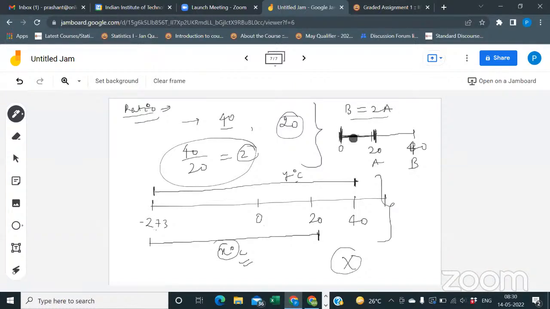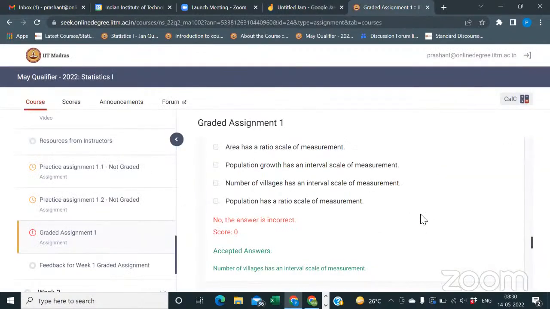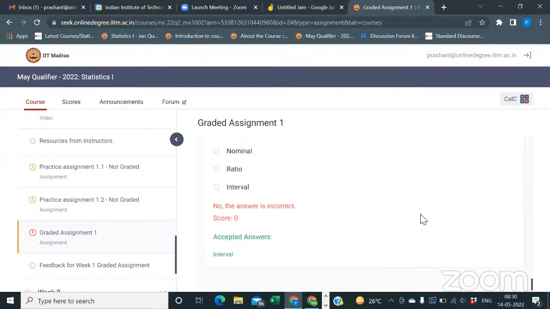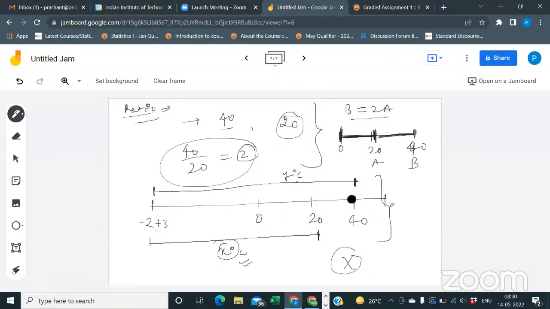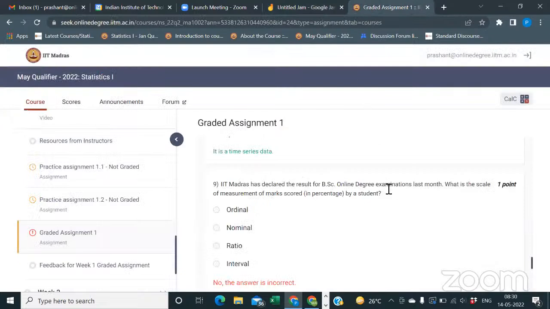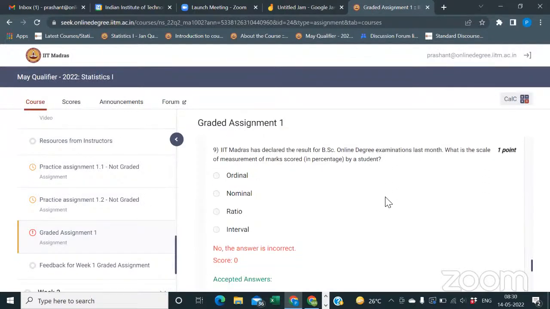If there is an absolute 0, you can say this part is 2 times that part. Then the answer to the 11th question should be ratio, but it is interval? No, the 11th question is a different situation; we discussed it in the last live stream. Now you can understand the 9th question, how it will be ratio. Yes, I got it.